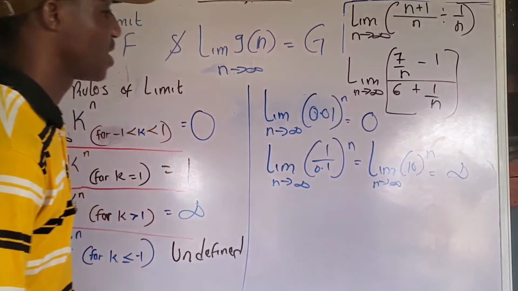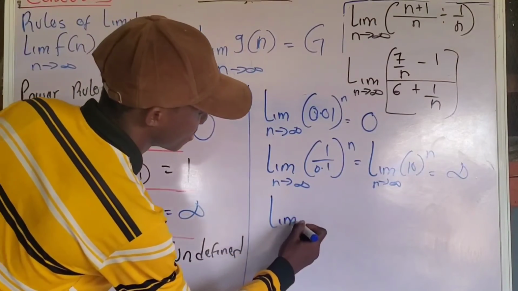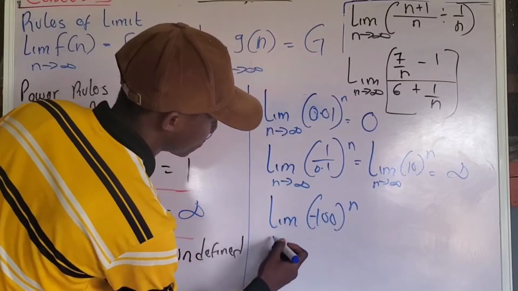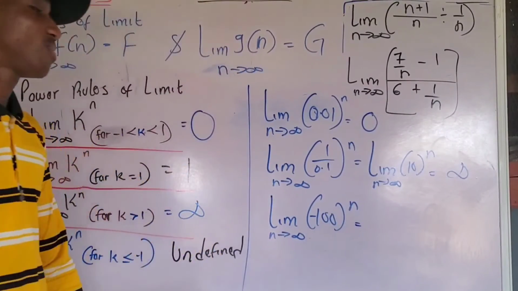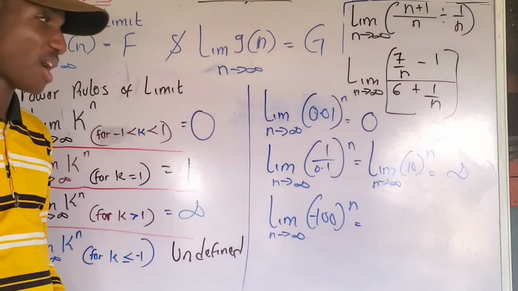Okay? Now, for the third example, let's say we have the limit of negative 100 to the power of n. Now, this kind is undefined. You understand?